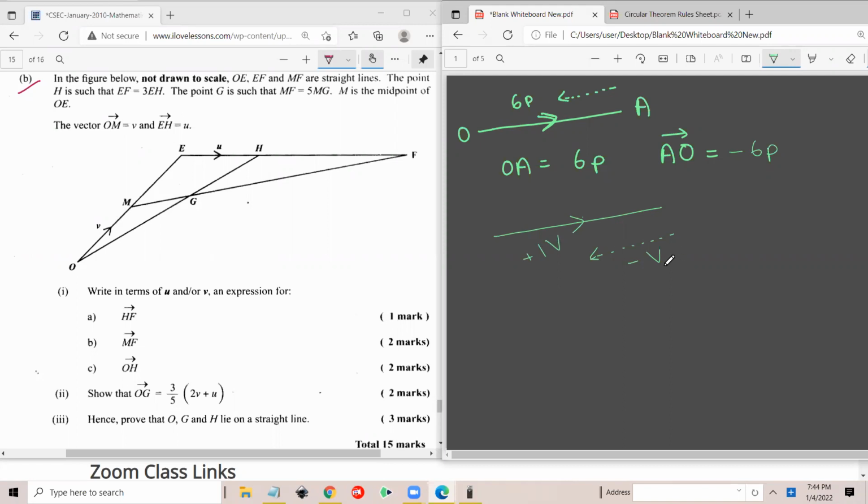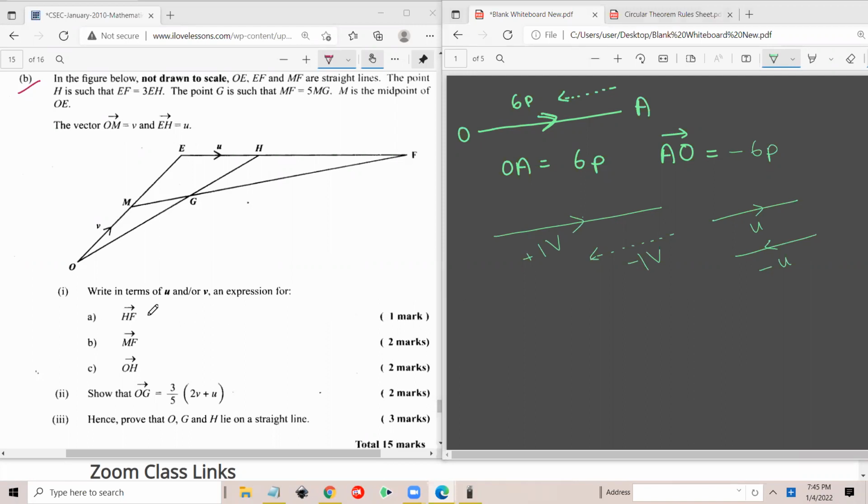So if we go the opposite way, it will be minus 1v. The same thing for u. If this way is positive 1u, then the opposite way is minus u or minus 1u. It's just that the letters and the numbers are so simple, the student is not expecting something so simple. So you know what happens in a situation like that? You just end up doing madness and you get it wrong. Okay. All right.